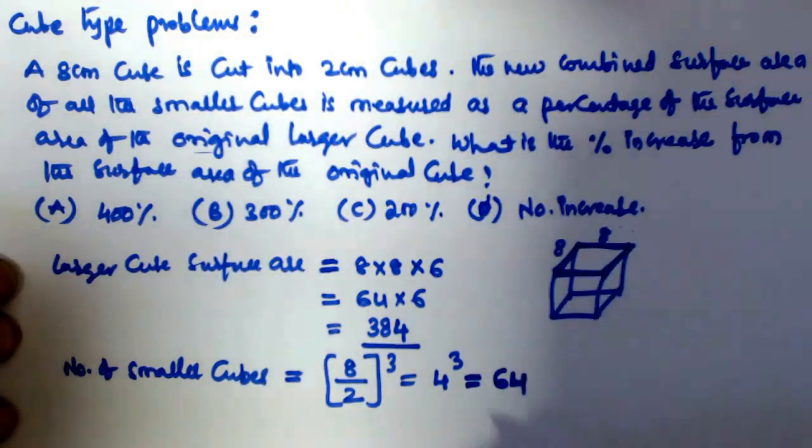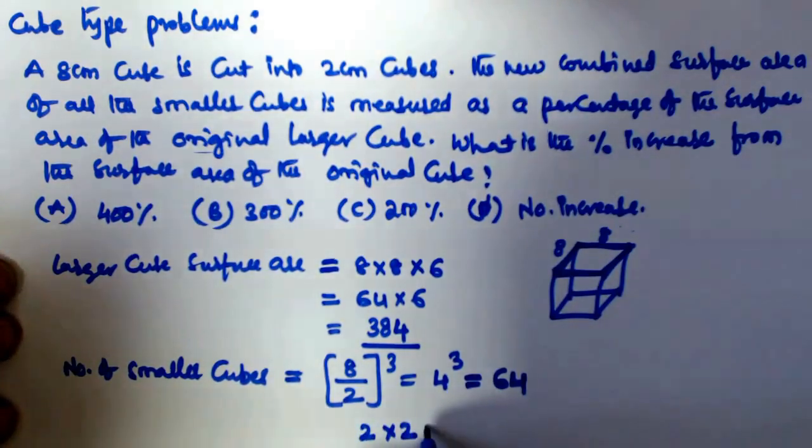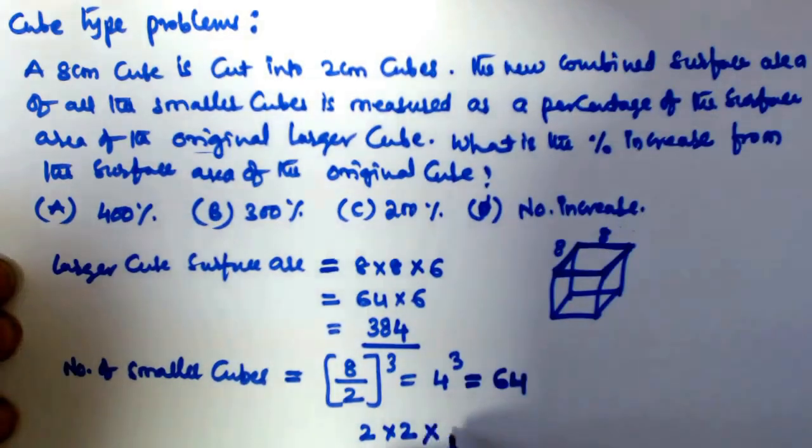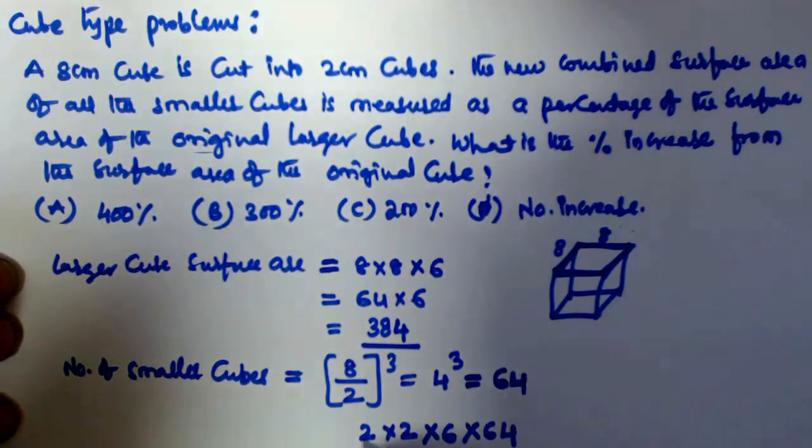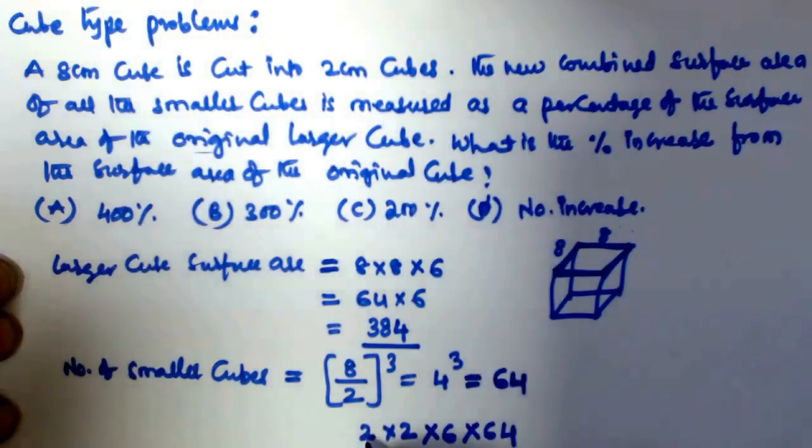So one face area of the smaller cube is going to be how much? 2 into 2, right? But there are 6 faces in one cube, and there are 64 cubes, so that's why I'm multiplying this by 64.